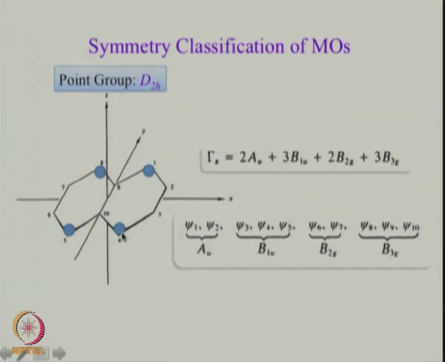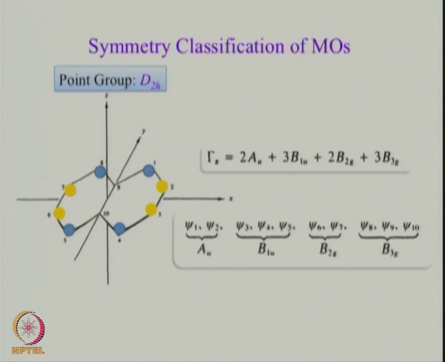All right. But is it possible for any of the operations, sigmas, the planes or the inversion or the C2s, to take 1 to 6 or 1 to 7? Never. So, these 4, 1, 4, 5 and 8 form one group. 2, 3, 6 and 7 form another group, and these two groups are very similar to each other.